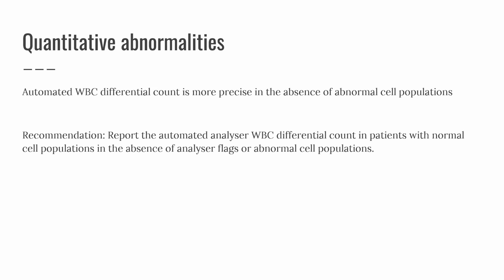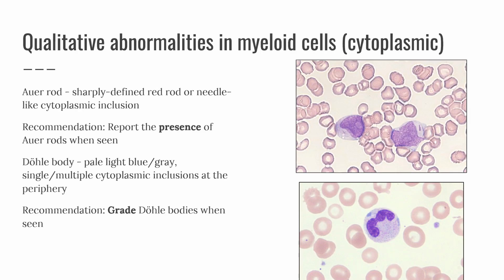However, if the automated values are found to be accurate after viewing the film due to flagging, the automated values may be reported. So once again, if there is a qualitative or quantitative flag, you have to review the film. If the automated differential count is similar to your manual differential count, then you can use the automated analyzer's differential count. The article then discusses some qualitative abnormalities in myeloid and lymphoid cells.